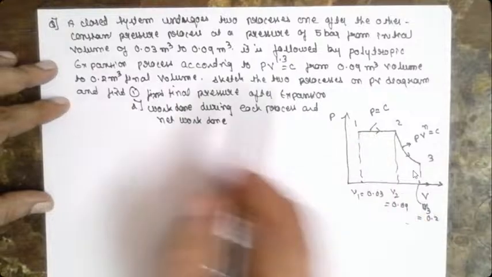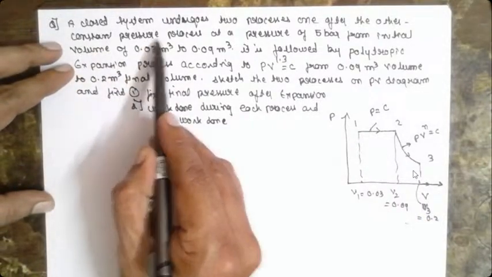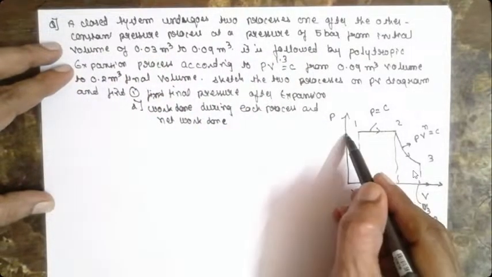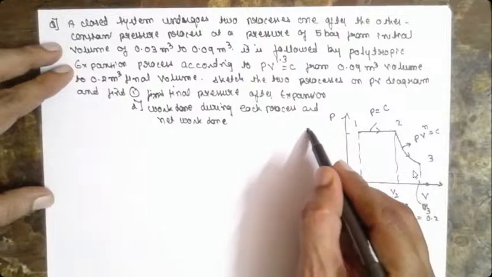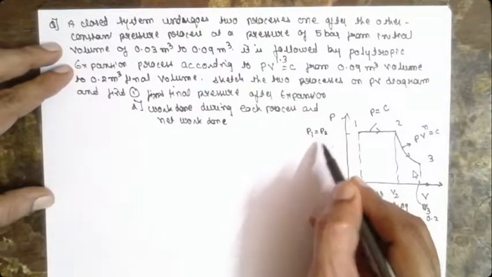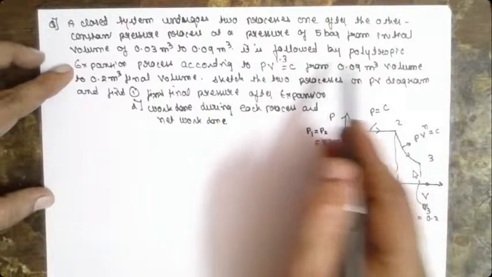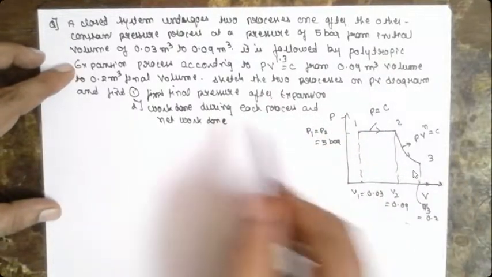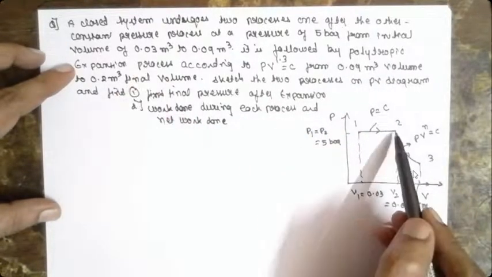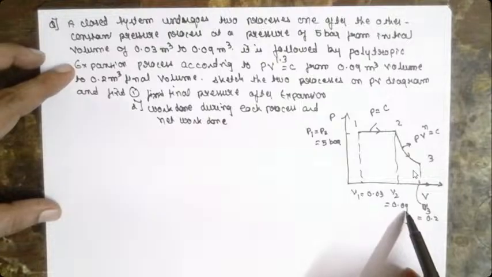The two processes: first is the constant pressure, 5 bar they have given. Constant pressure, P1 and P2 is equal to 5 bar. For the initial volume 0.03 and second 0.09.